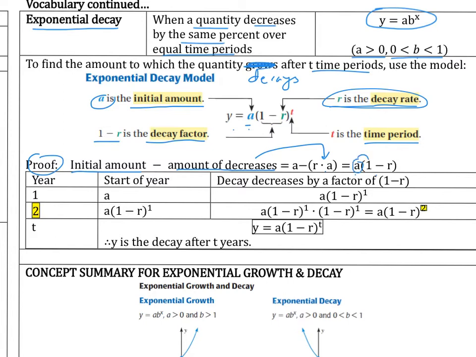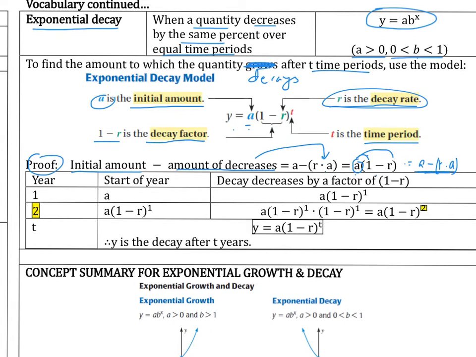So if you distributed this, a times 1 is still a, and a times r is negative r times a. So that's where it comes from.